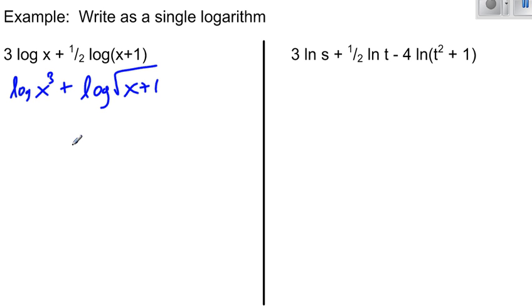And then since it's addition, you can combine that to multiplication. Since it's the same base, they're both just the common log. So that becomes log x to the 3rd times the square root of x plus 1.